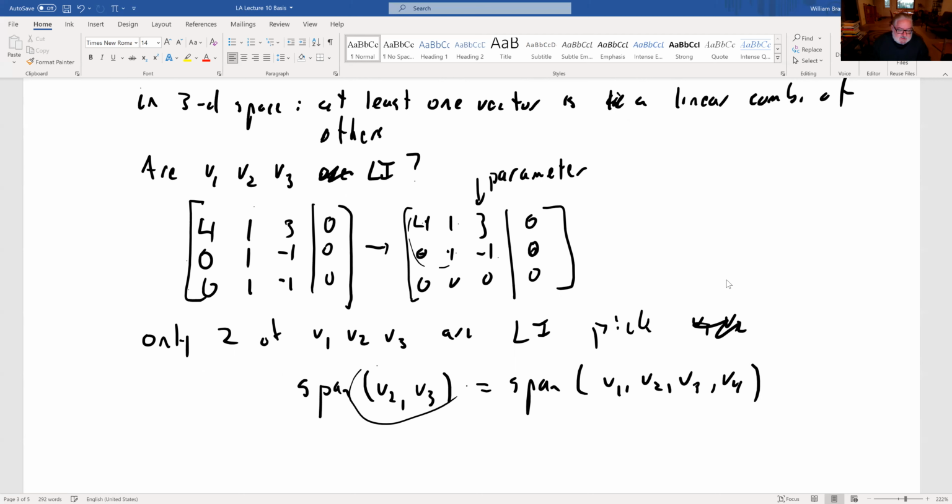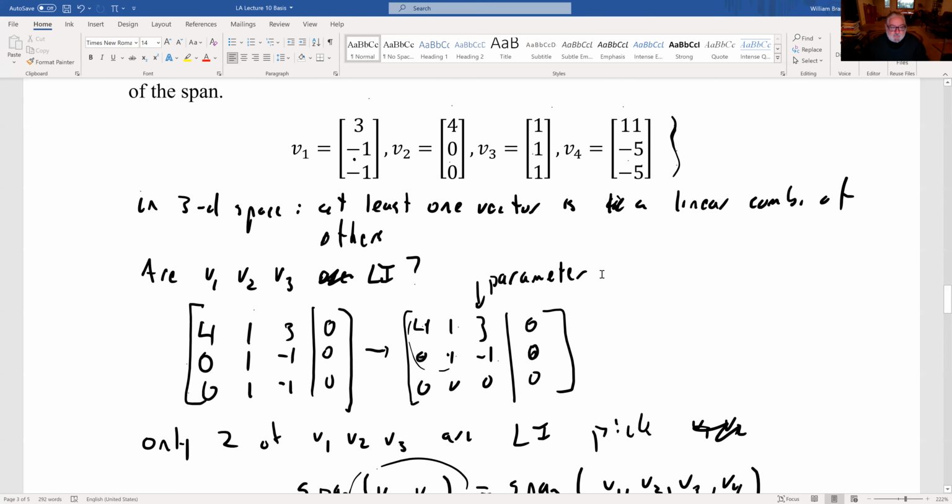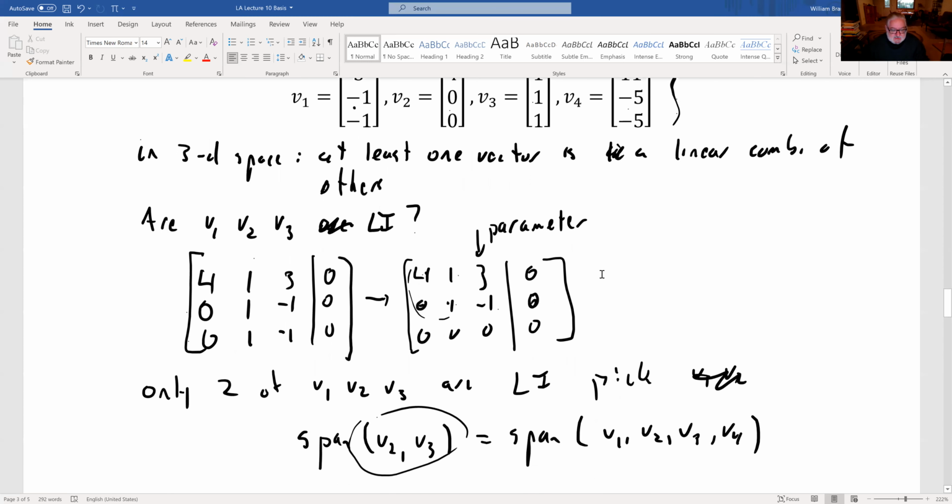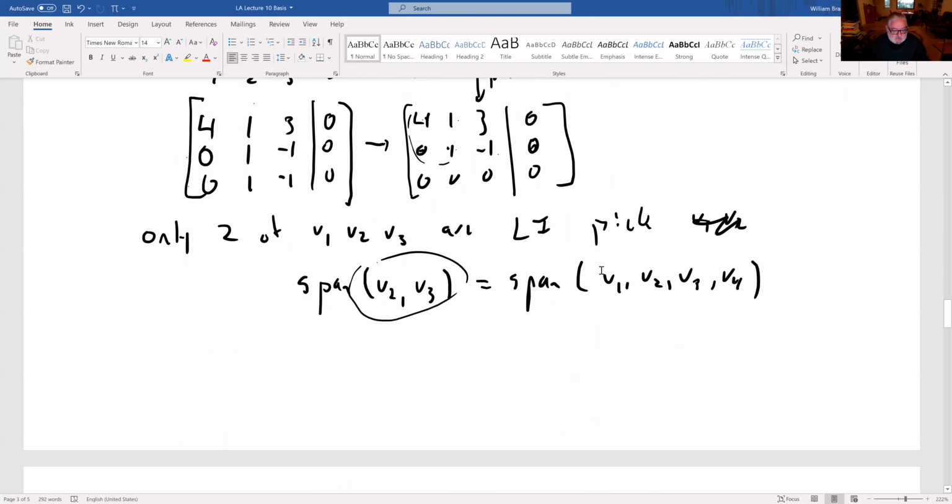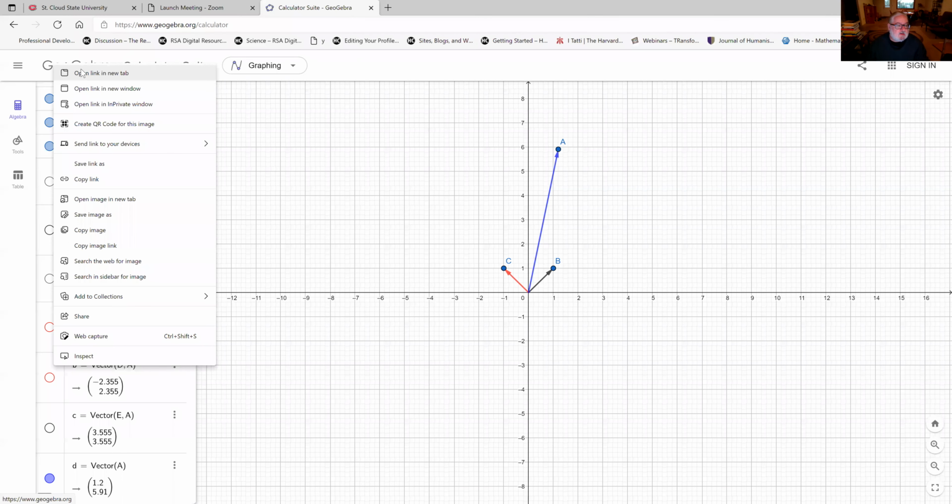And so if I can just see what the span of v2 and v3 looks like, then that's a basis. v2, v3 is a basis for that span, and I can see what it looks like. So what I'm going to do is go to GeoGebra.